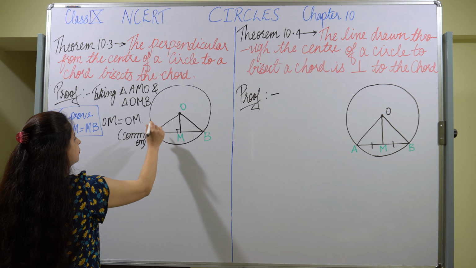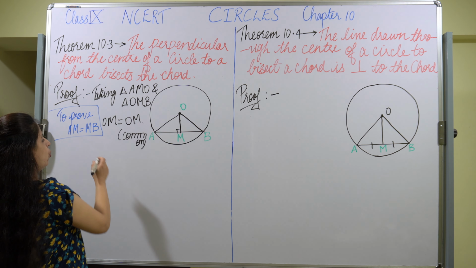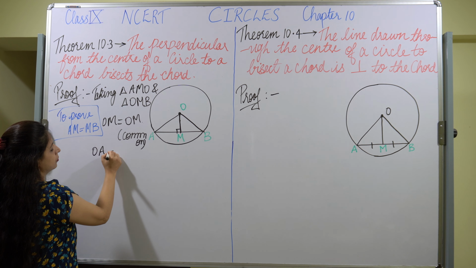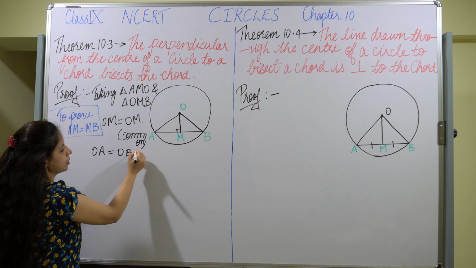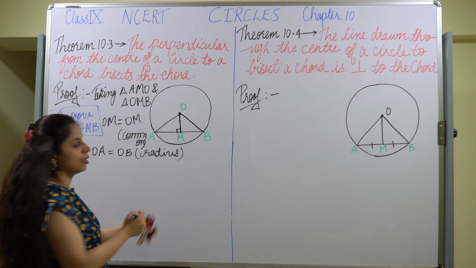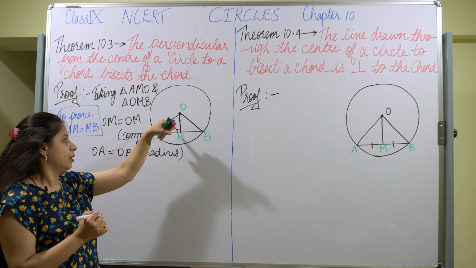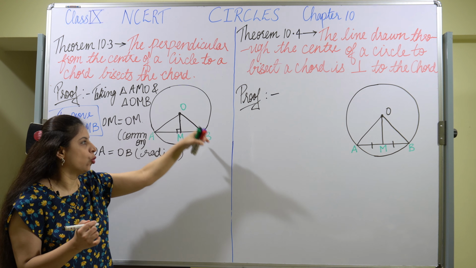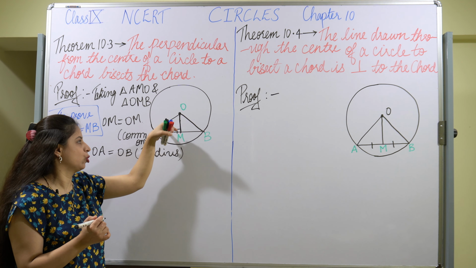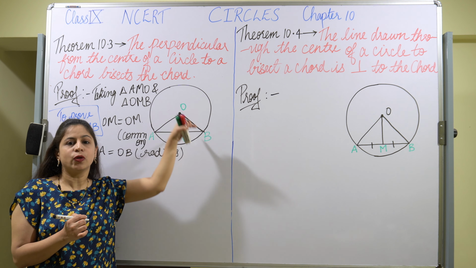OA is equal to OB because it is the radius of the circle. Only one circle is there. OA is a part of this triangle and OB is a part of this triangle, so both the sides of the triangles are equal because they are the radius of the circle.